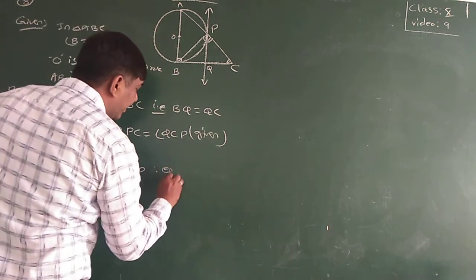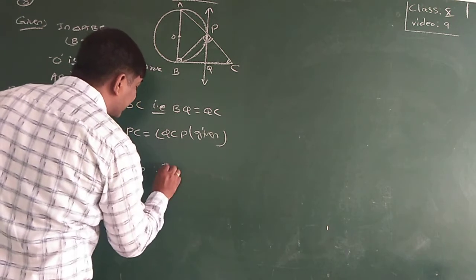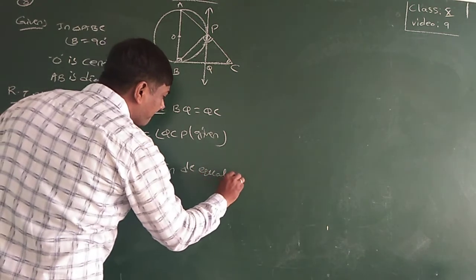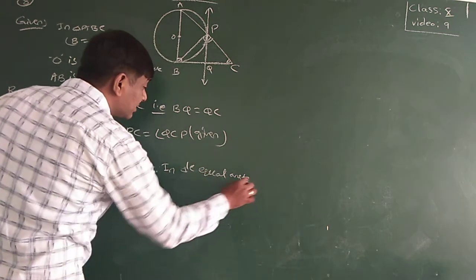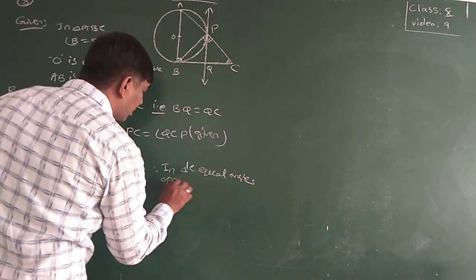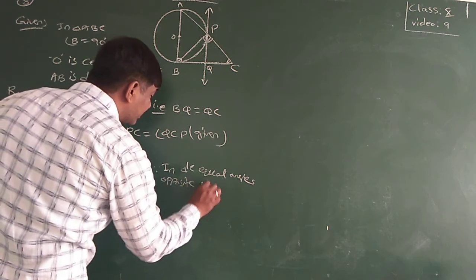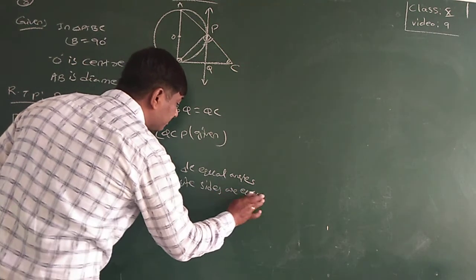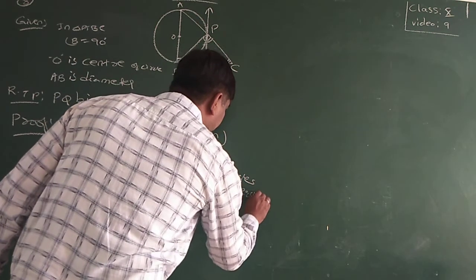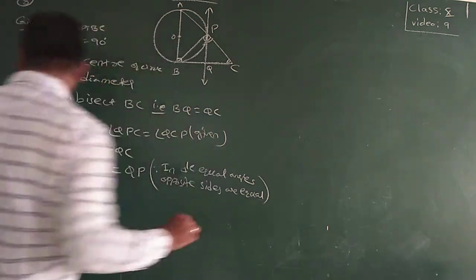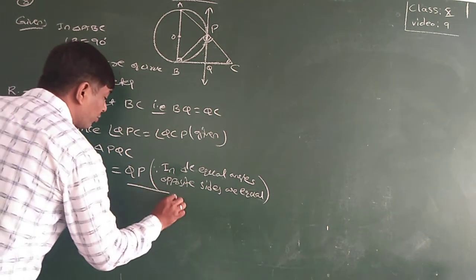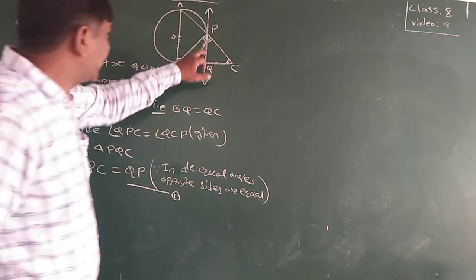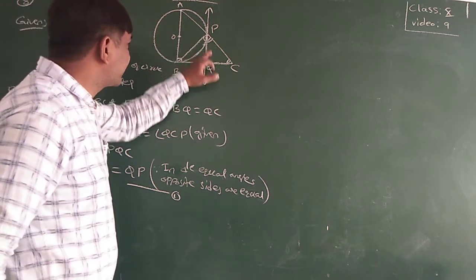Since in a triangle equal angles have equal opposite sides, this is equation 1: in triangle QPC, QP is equal to QC.